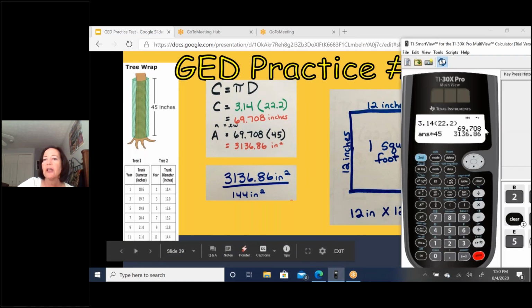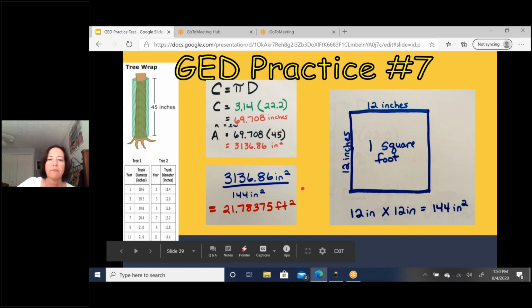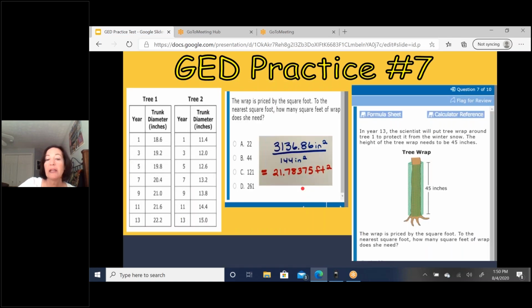So our calculator still has our answer on it. I'm just going to click divided by 144. Press enter. That now equals 21.78375. And let's go back and compare to our answer choices now.